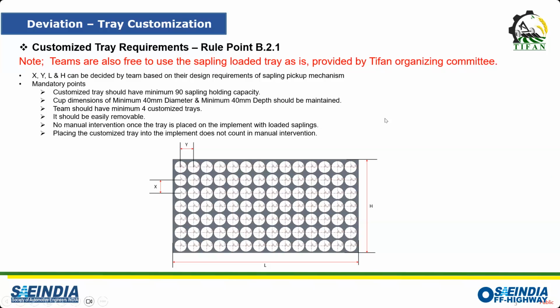Definitely, the saplings will be provided by us only, and you have to transfer those saplings into your customized tray. Make sure that the tray is removable, like the normal tray. You can simply place it and remove it from your implement. Placing this tray into the implement is not counted as manual intervention.